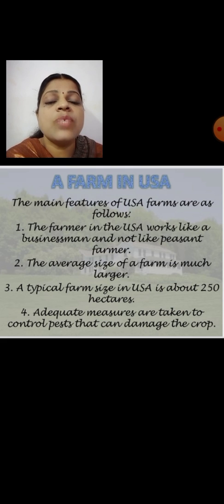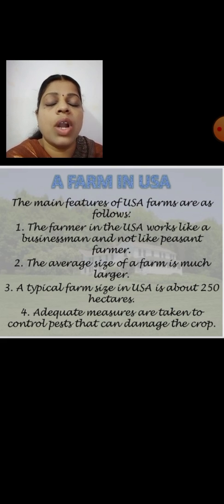That is, it is more profit oriented rather than for mere consumption purposes. They aim to make more and more profit from the agriculture. That is the first feature of the agricultural system in America.